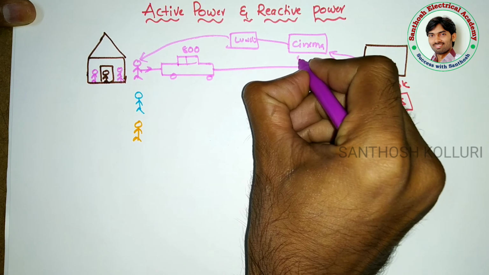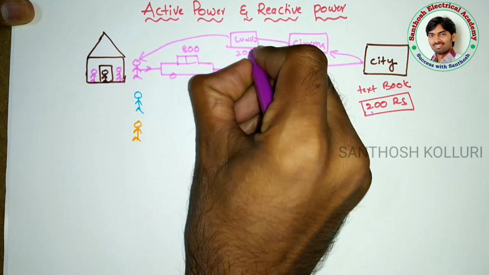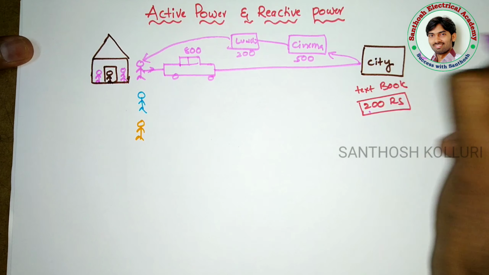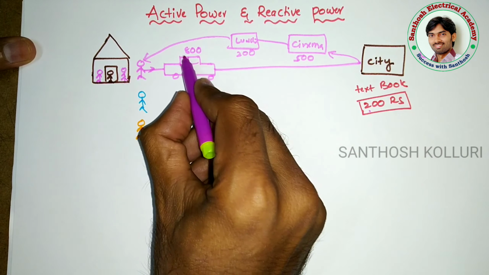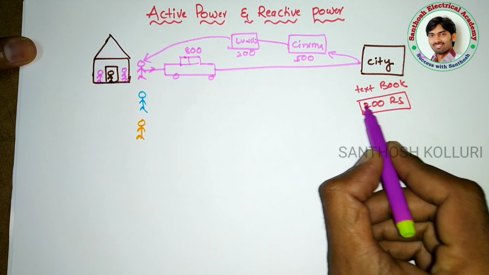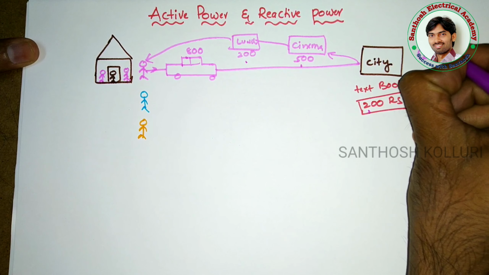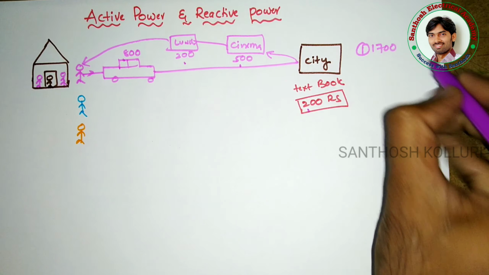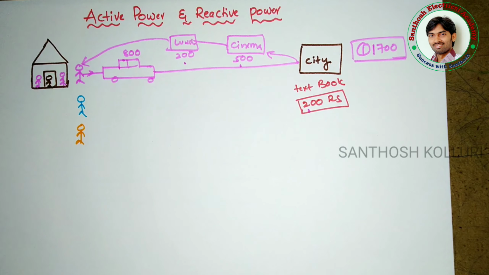The cinema costs 500 rupees, lunch costs 200 rupees. The net expenditure by student number 1 is 800 plus 200 plus 500 plus 200, which is 1700 rupees. So the first student spent 1700 rupees to buy a textbook of 200 rupees.